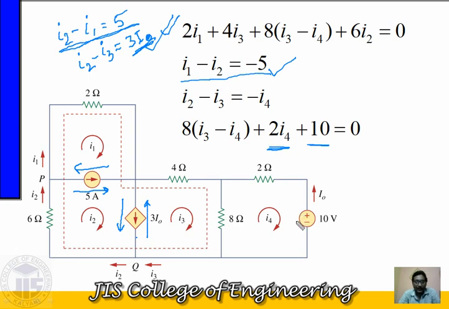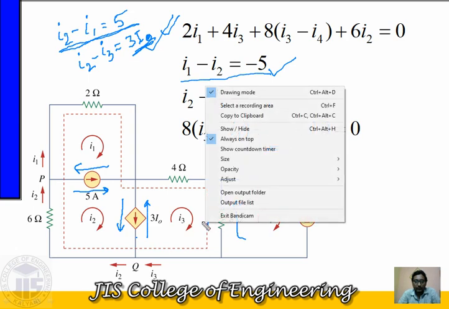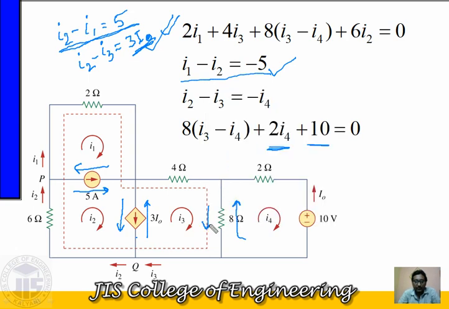Now for this 8 ohm resistance, the I4 current is down to upwards, and this I3 current is up to down.